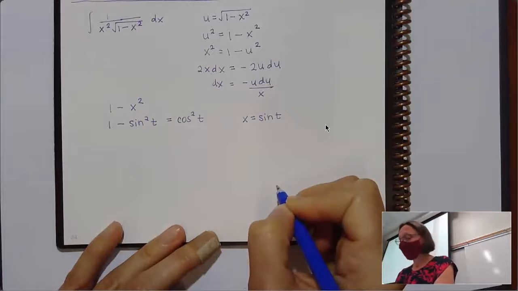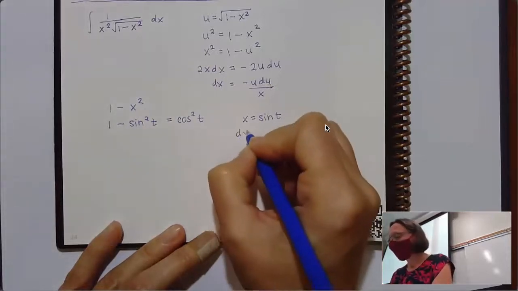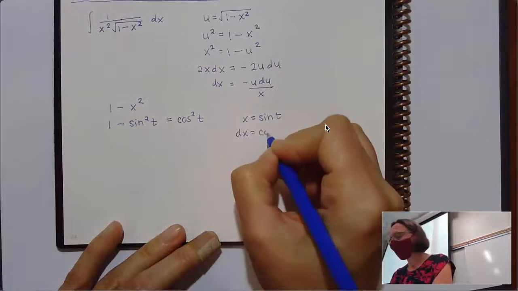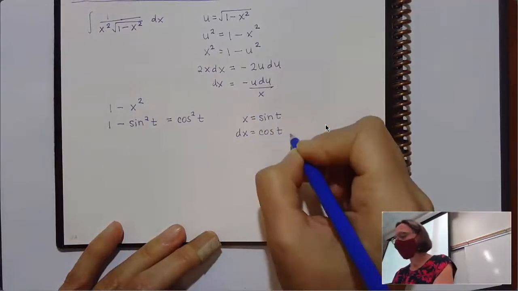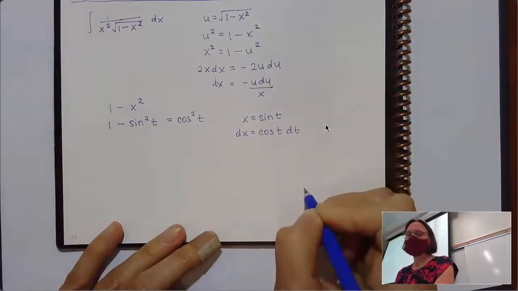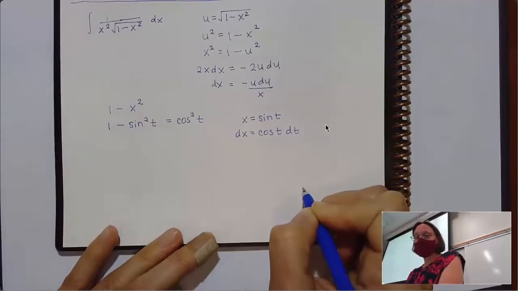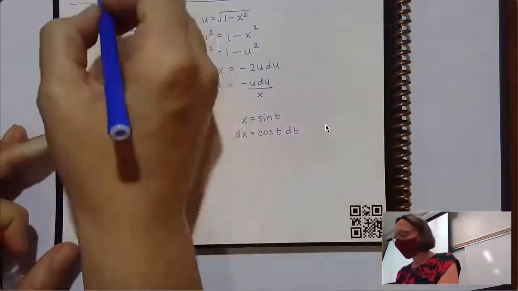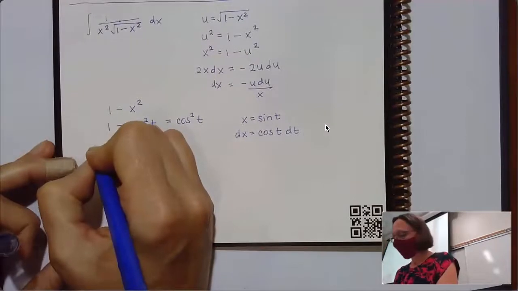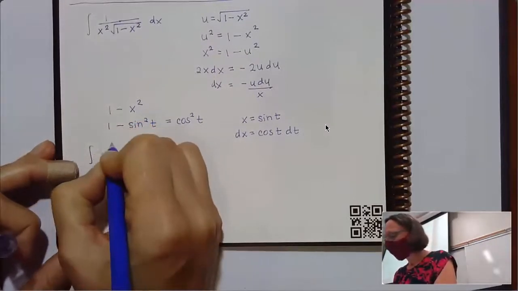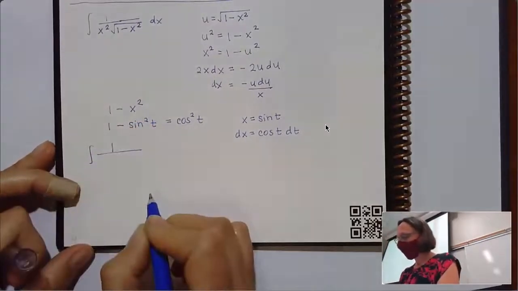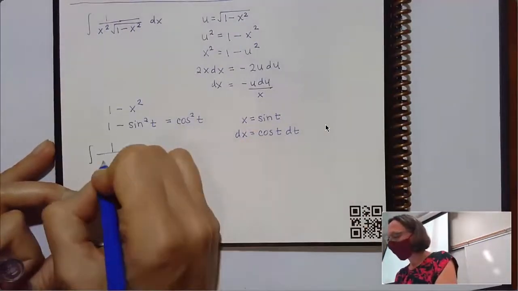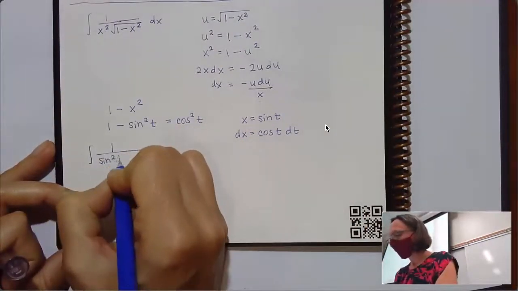By doing that, my dx would become cosine of t dt. And the overall integral would look like 1 over, well, x squared would become sine squared t.